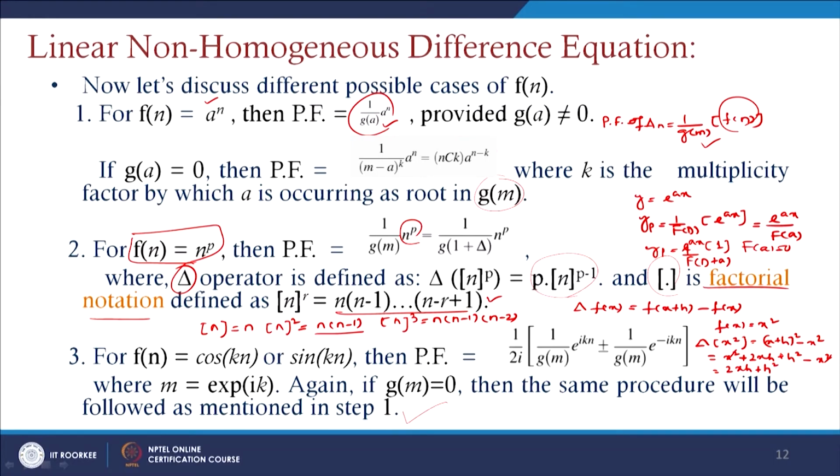Next, if we apply this del operator again, del operated on a constant function gives zero. So del square of x square gives del of 2xh plus del of h square.